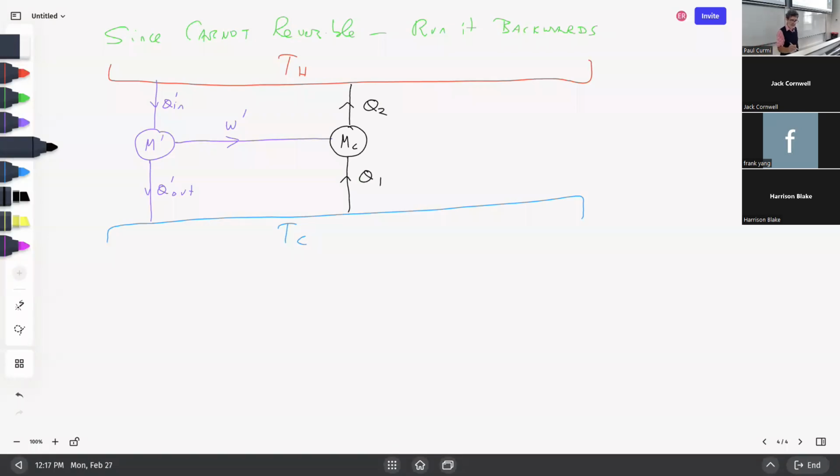And in fact, I want to call this Q1 dashed and this guy Q2 dashed. Okay, so I've coupled them together. So I've coupled hypo to Carnot backwards.